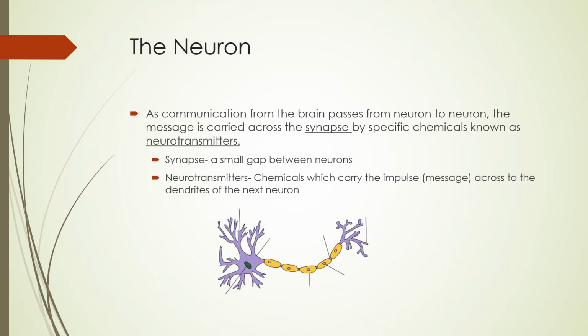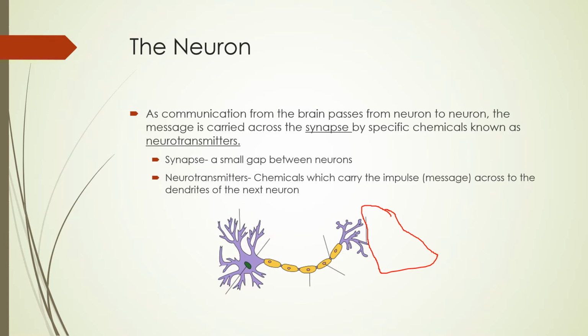So as the message is communicated from the brain and it passes from neuron to neuron, the message is carried across that tiny gap I just talked about, which is called the synapse. And the synapse is going to occur right in this area right here. And I'm sorry for my circle drawing.